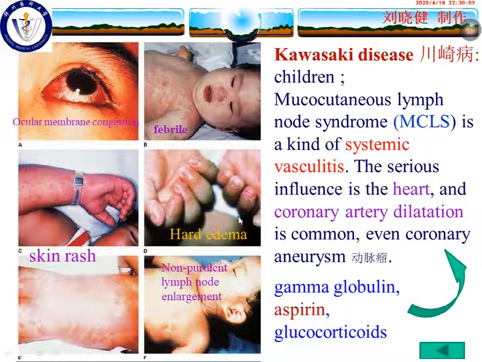It can also induce anti-inflammatory effects. So in the treatment of this disease, large dose of aspirin is very important. It's very useful. And usually, in this disease, the patient has fever.